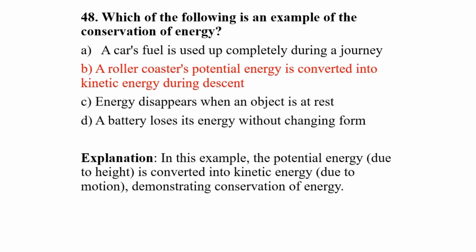The answer will be a roller coaster's potential energy is converted into kinetic energy during descent. In this example, the potential energy due to height is converted into kinetic energy due to motion, demonstrating conservation of energy.